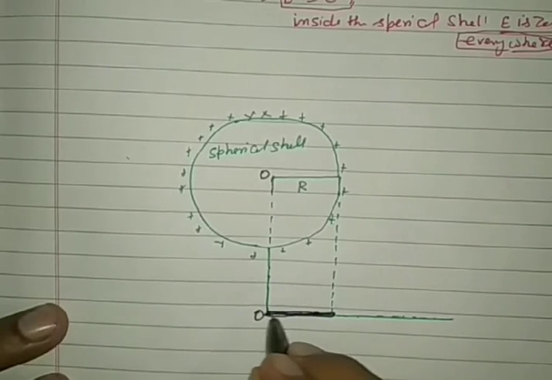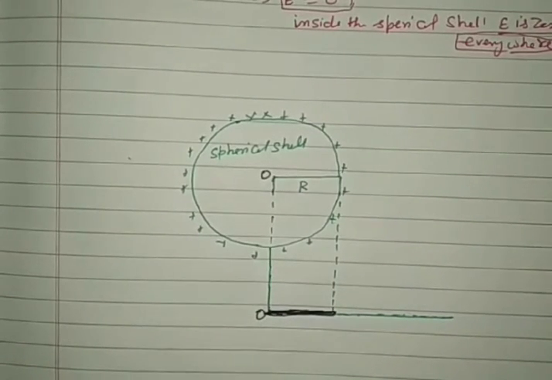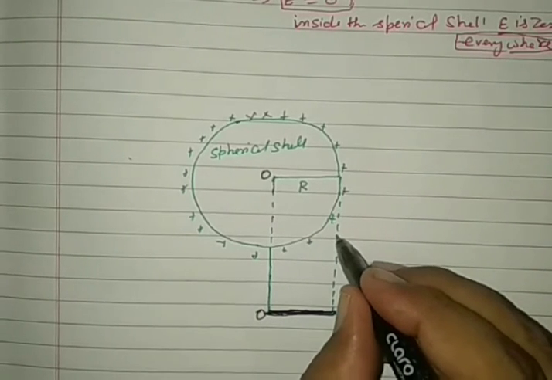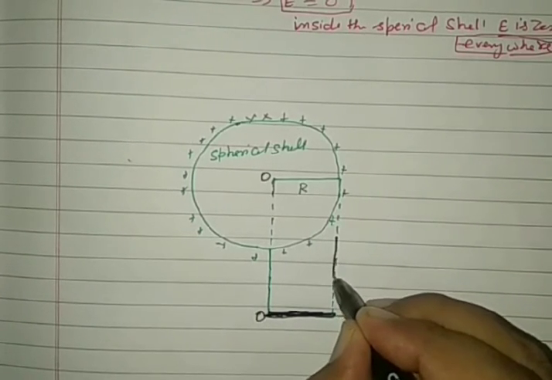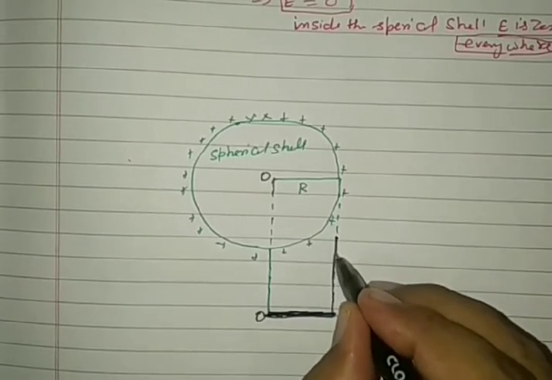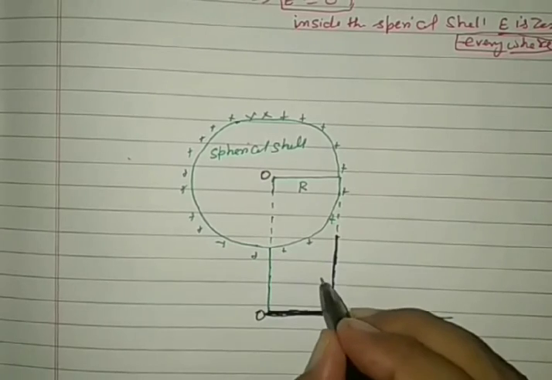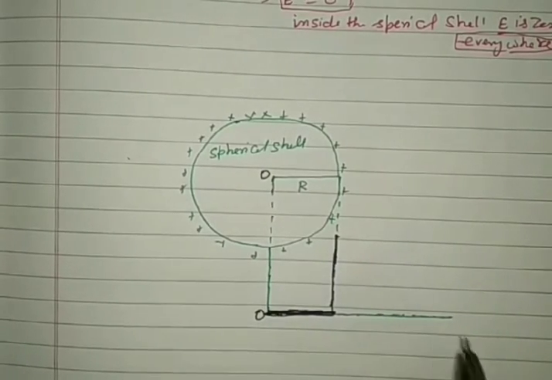What is the electric field? 0. The maximum electric field is at the surface. This is where electric field is a maximum.